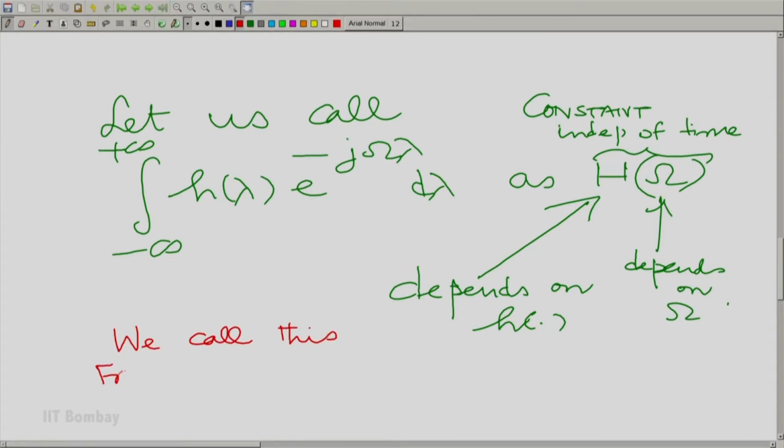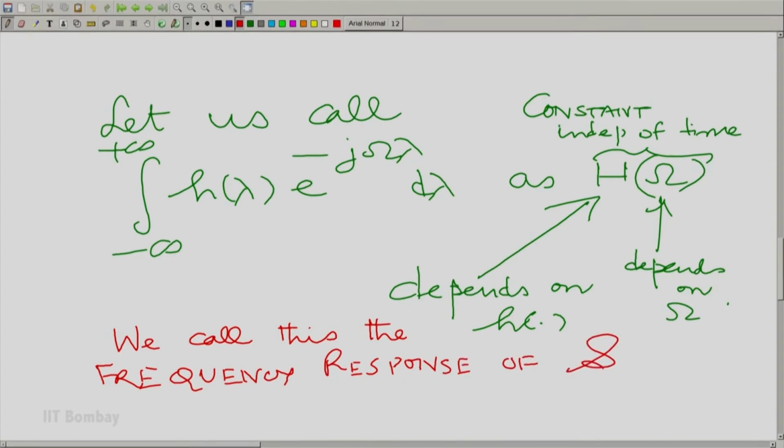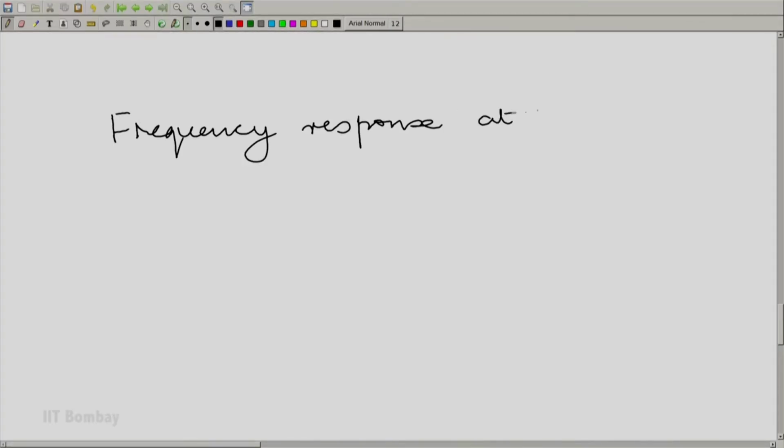The frequency response of S evaluated at omega. Now, frequency response essentially refers to the angular frequency of the sinusoid. And when I have a frequency response at omega, I have a corresponding frequency response at minus omega. These are complex conjugates.